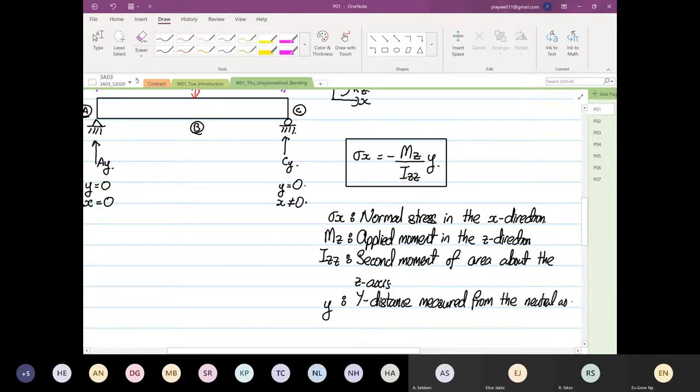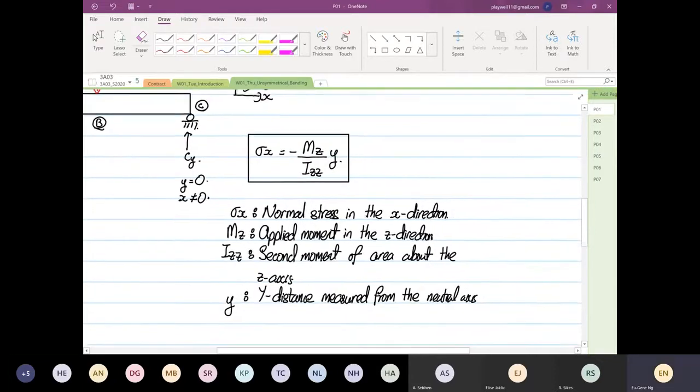In terms of units, this is in Pascal, or if we're in imperial, pounds per square inch. The moment is in Newton meter, and over here is in pound inch. Second moment of area is meter to the power 4, in imperial inch to the power 4.